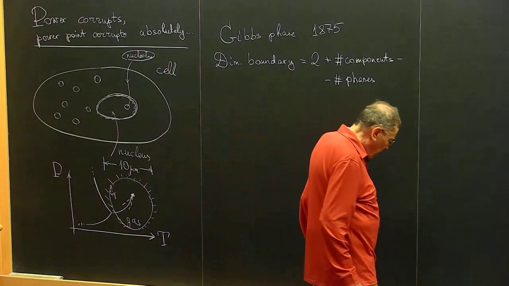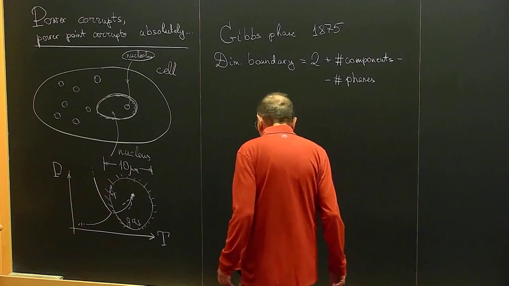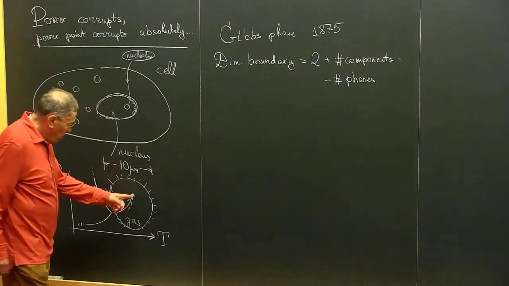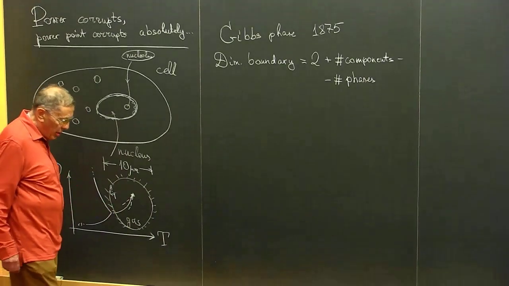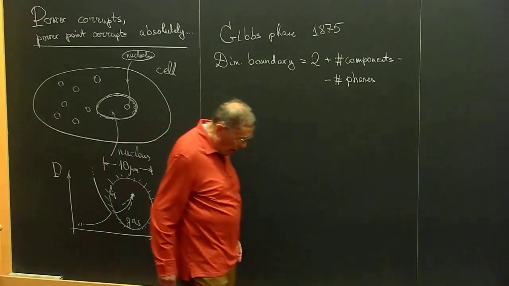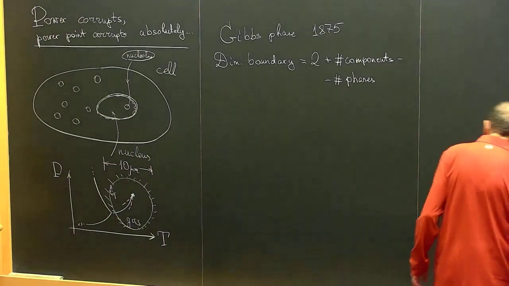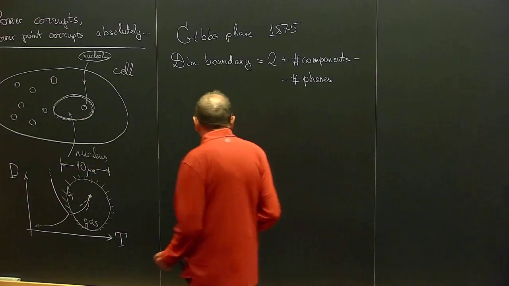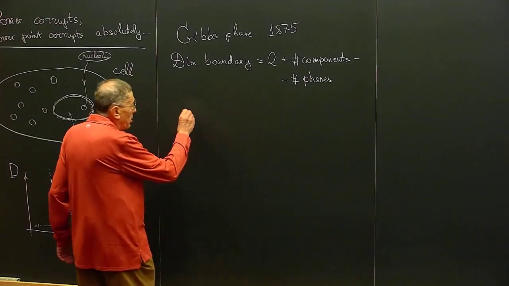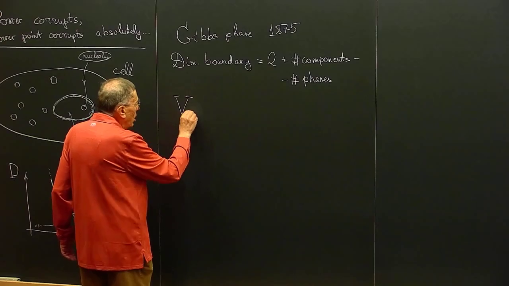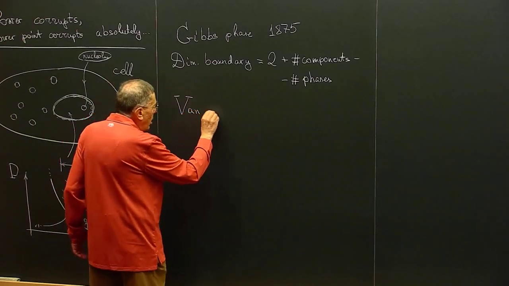So what else do people know in terms of classical physics? What does classical physics tell us about this liquid to gas condensation transition? Of course, the classical information about it is associated, I would say, with van der Waals.